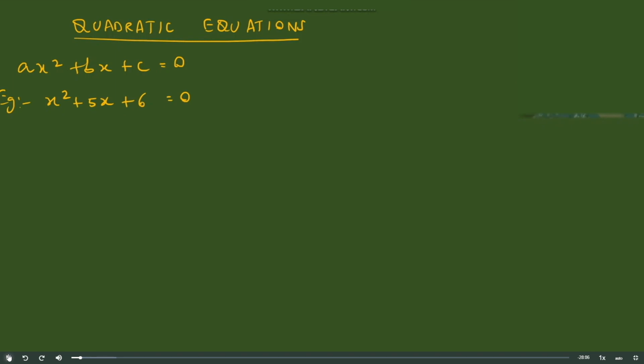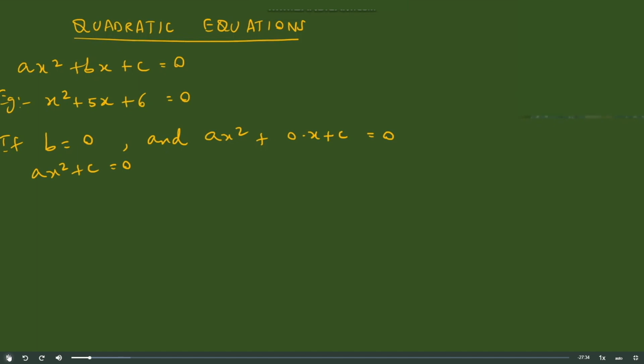Now suppose b is equal to 0. Then ax square plus 0x plus c gives ax square plus c is equal to 0. There is no middle term, there is no b in this.